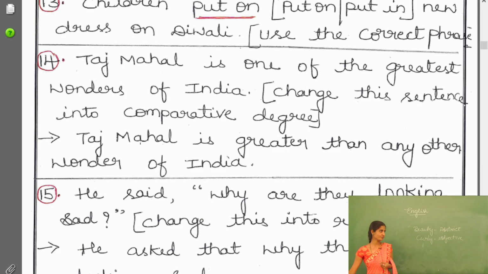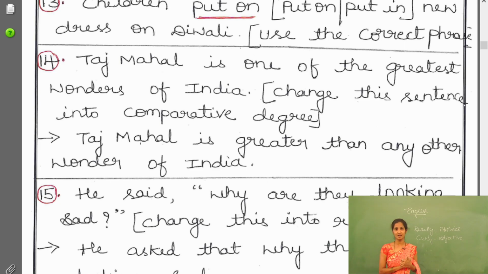And the 14th question is about degrees of comparison. In the question paper, they will give you one statement and they will ask you to change that statement into positive, comparative and superlative. The first thing is you should look at the statement. The statement there is, Taj Mahal is one of the greatest wonders of India.